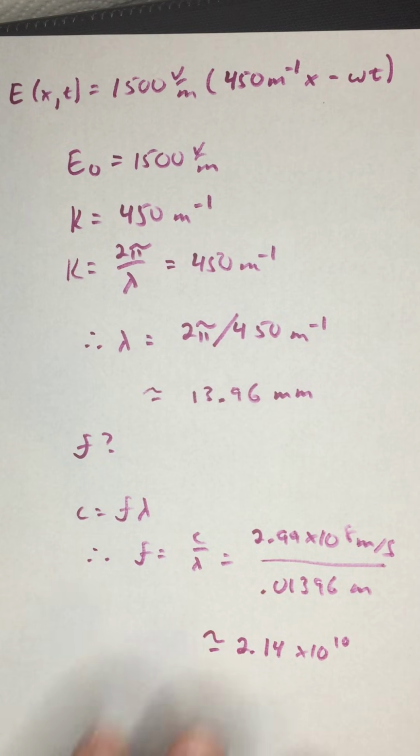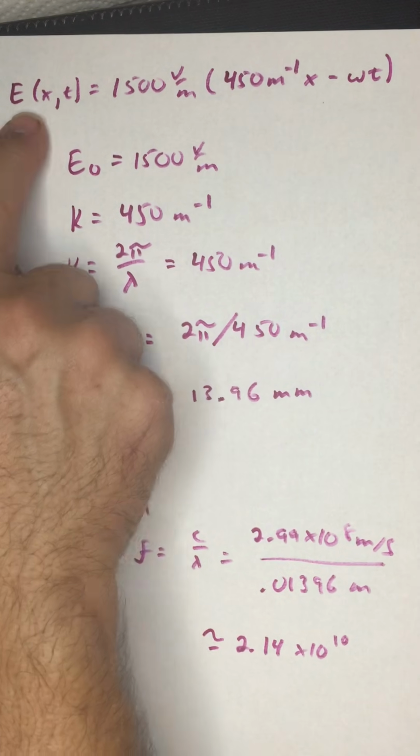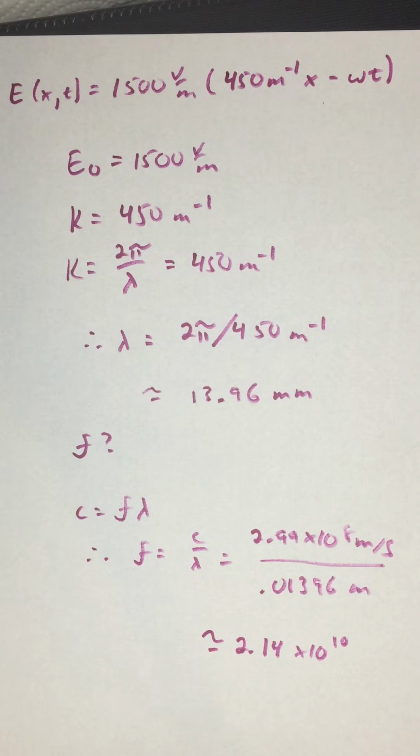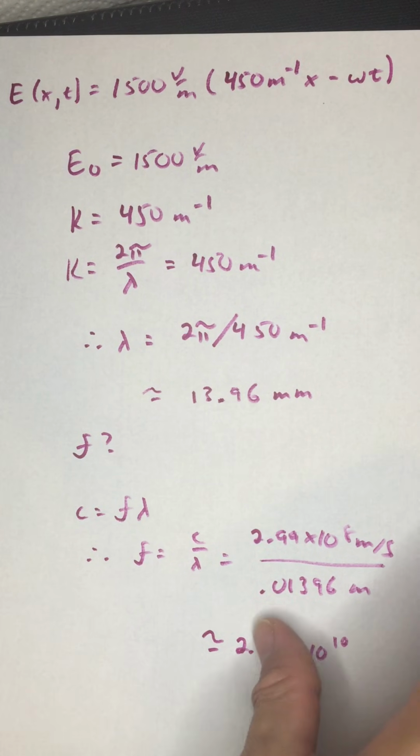This is basically how you handle equations of this nature. Now, there's one other way to relate these two. Well, there's several other ways to relate these waves, the electric and magnetic field portions of this wave. Let me show you a very important one.